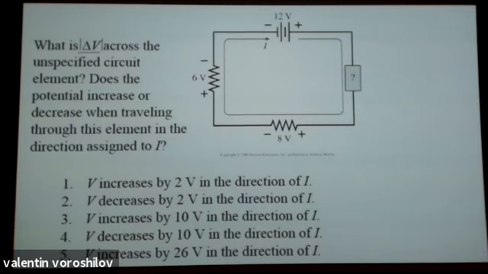And another similar problem. And now you know what to do. So I want you to do exactly the same type of reasoning, use this strategy, and tell me the number for the voltage across this element now.